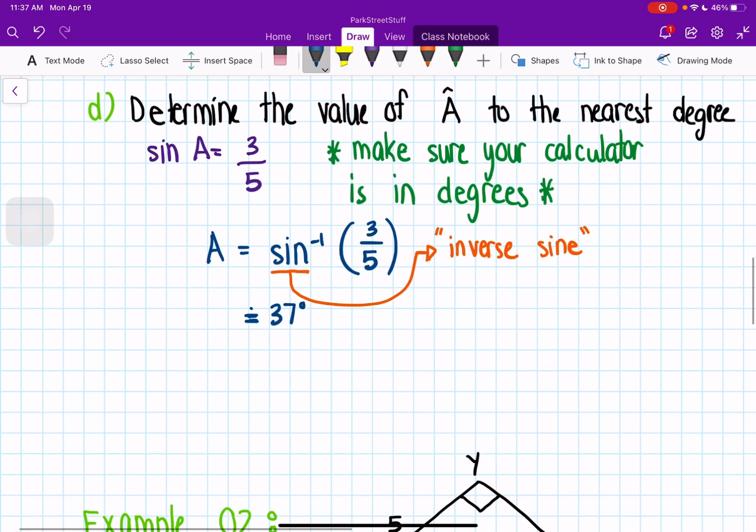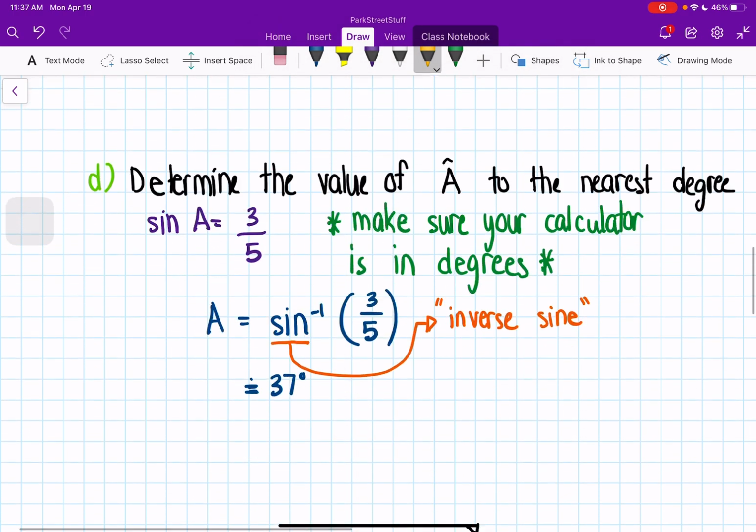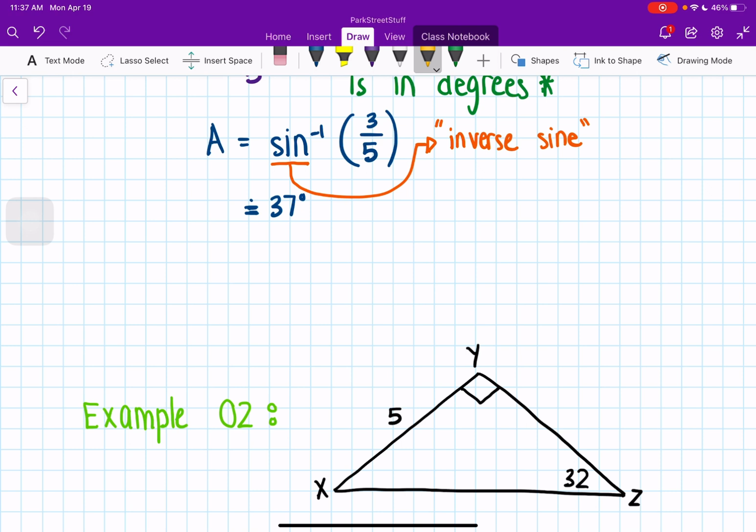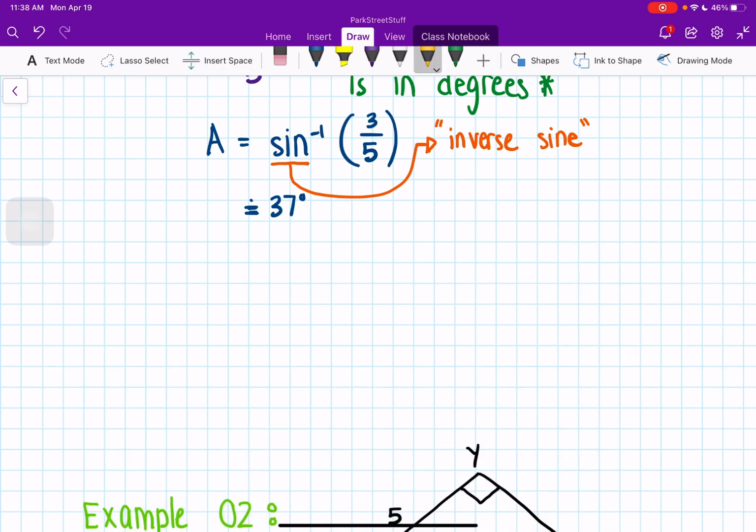We could also have used our cosine definition because we also had cos of A. So we had cos of A is 4 over 5. So let's give us some space here and work out what we will get if we decide to use the cos of A. So we have cos of A is 4 over 5.